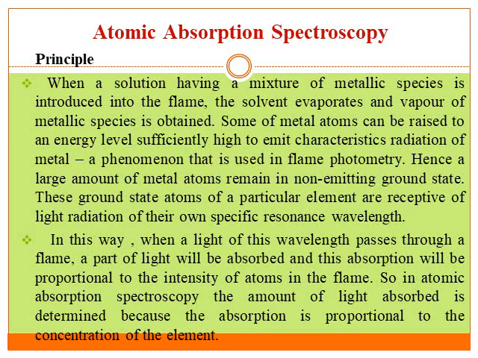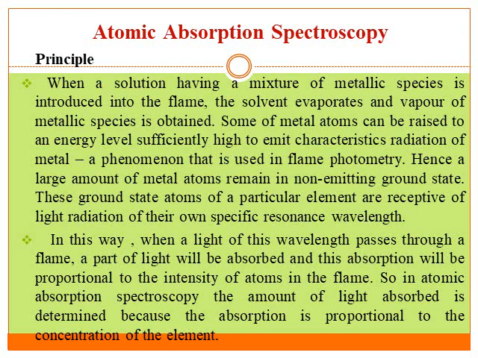But these remaining metal atoms, which are incapable of being excited, will absorb certain light radiations of their own specific resonance wavelength. That absorbed radiation is recorded in atomic absorption spectroscopy.